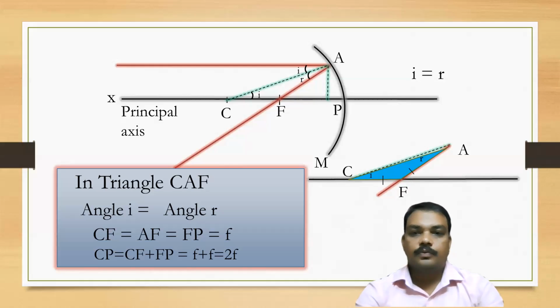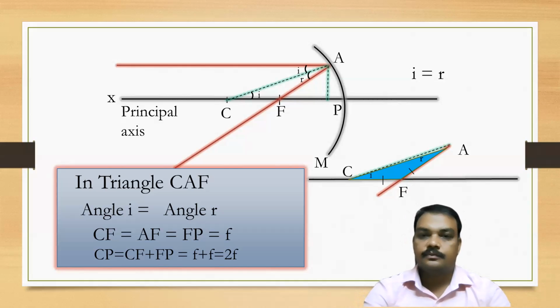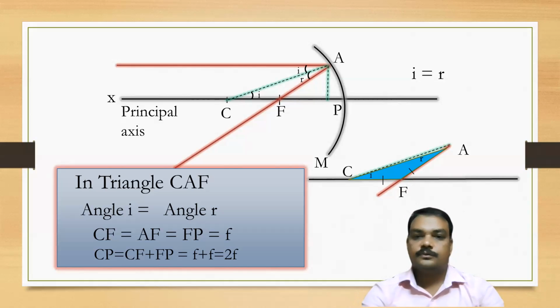Now we have to go to the properties of triangles. Take the triangle CAF. In the triangle CAF, angle I is equal to angle R. In any triangle, if two angles are equal, then their opposite sides are also equal.